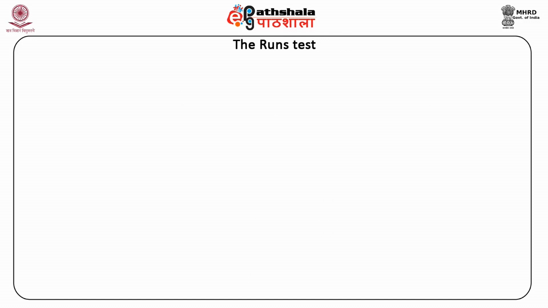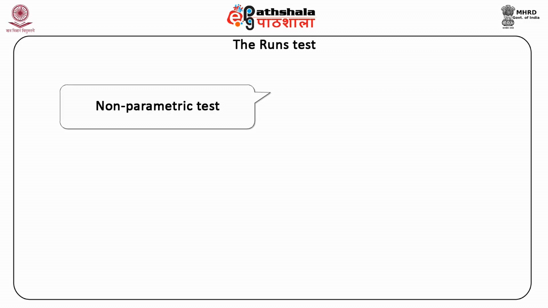The runs test. The runs test is a non-parametric test because it does not invoke any assumptions about the underlying distribution of the disturbance term. This test is also called the Geary test after R.C. Geary, who first proposed it in 1970.